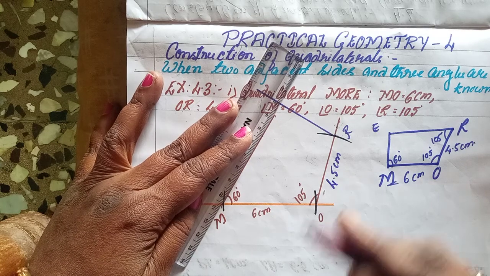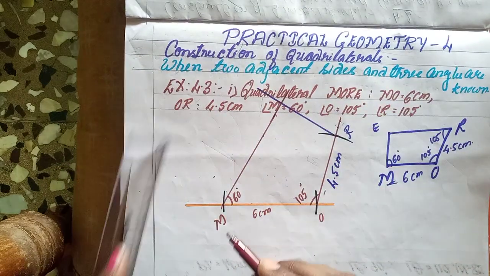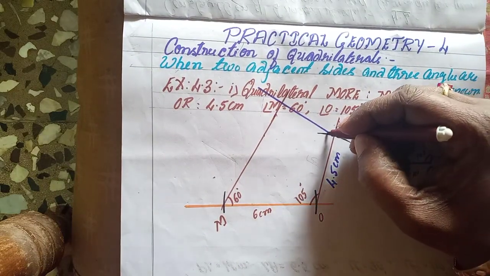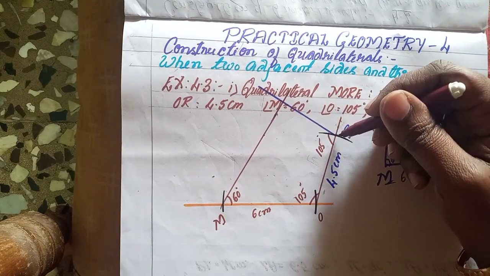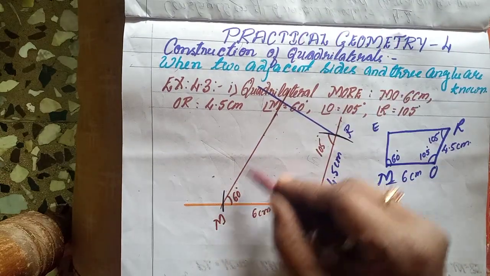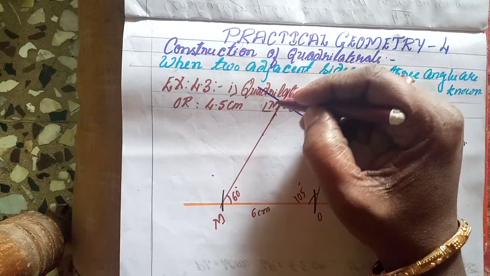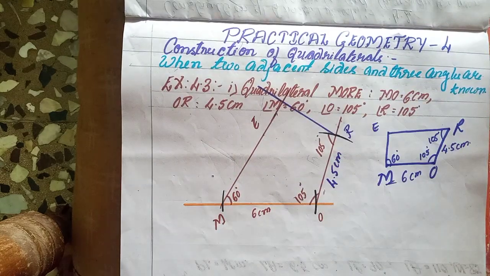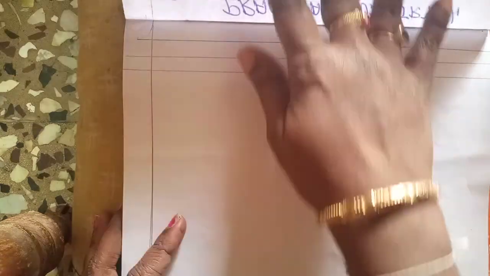The point of intersection of this angle and this angle: this 105 degree is extended to here. This angle M of 60 degrees is extended to here. There, the point of intersection is marked as E. MORE is the required quadrilateral. I hope you understood, students. Now let us move on to exercise 4.3, the second problem.